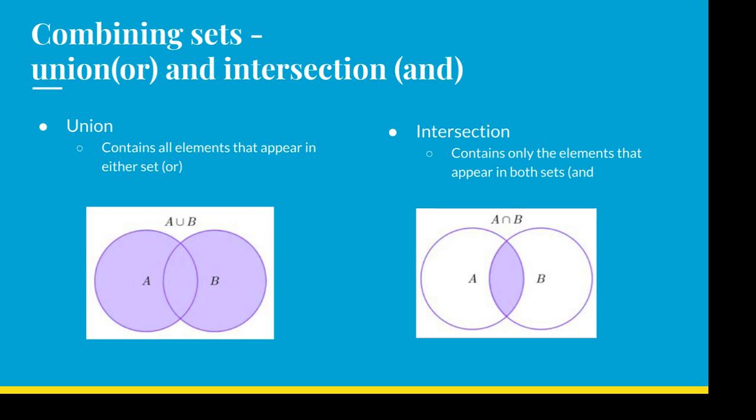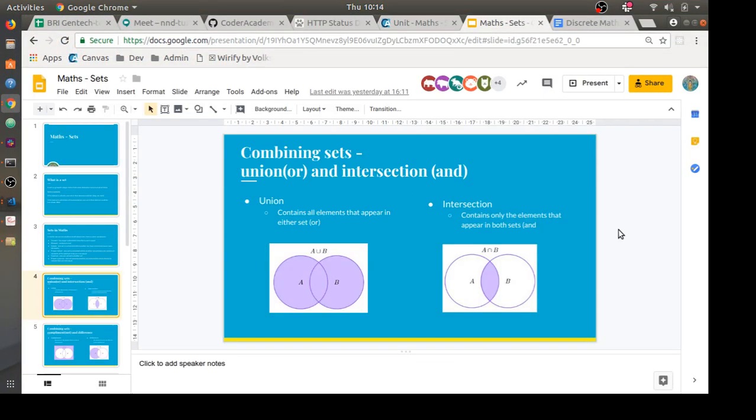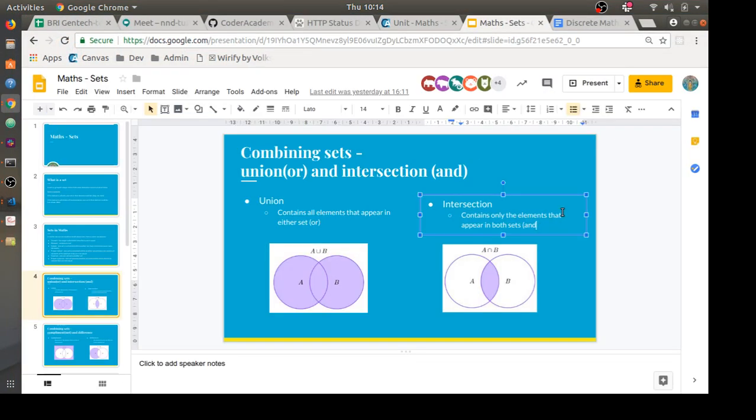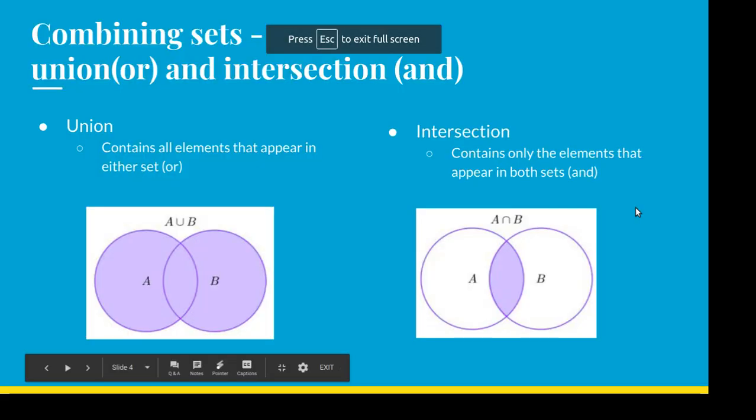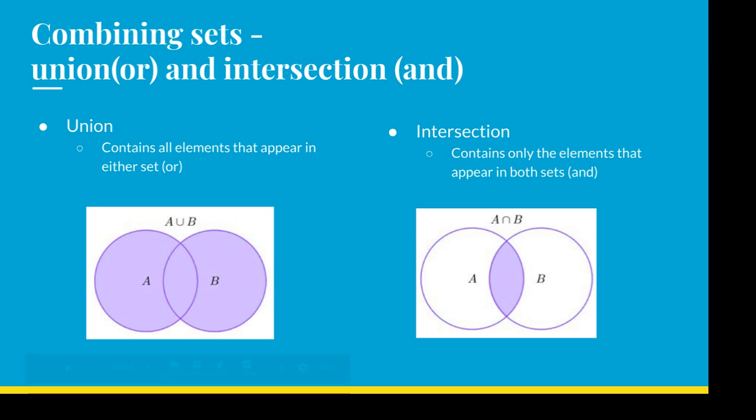And an intersection is like an AND. I'm missing a parenthesis there. I know it says it on the slide, but you may not be paying that much attention. So an intersection are the items that are in both sets, but not just in one or the other.